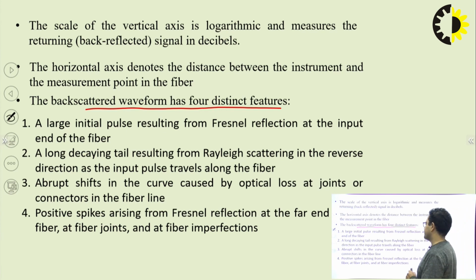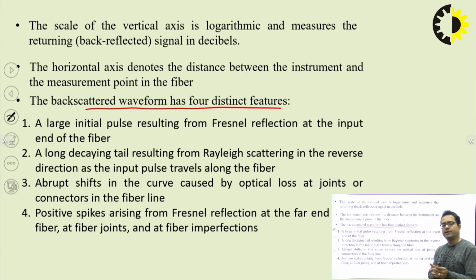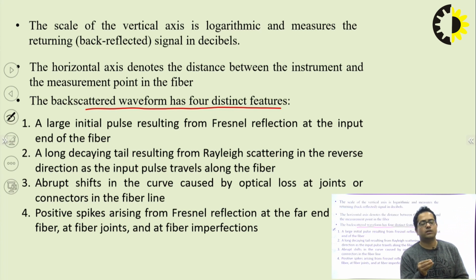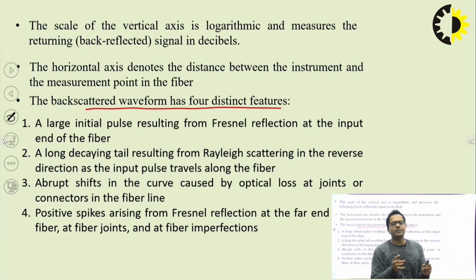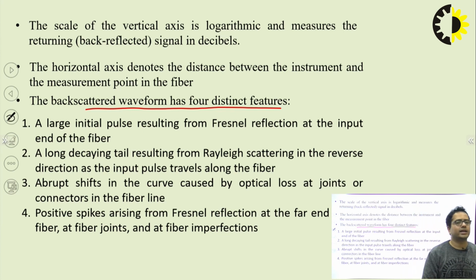That abrupt shift occurs because of optical losses at joints or connectors in the fiber lines. We are establishing a long optical fiber link by using connectors, and a large number of connectors are there. That connector may have some kind of mismatch, or even because of dirt deposited on the face of the connector or on the tip of the fiber, there will be some loss in the power that is coupled inside the fiber.